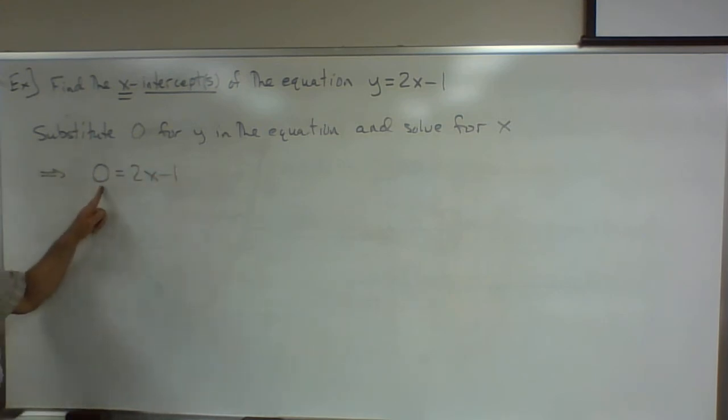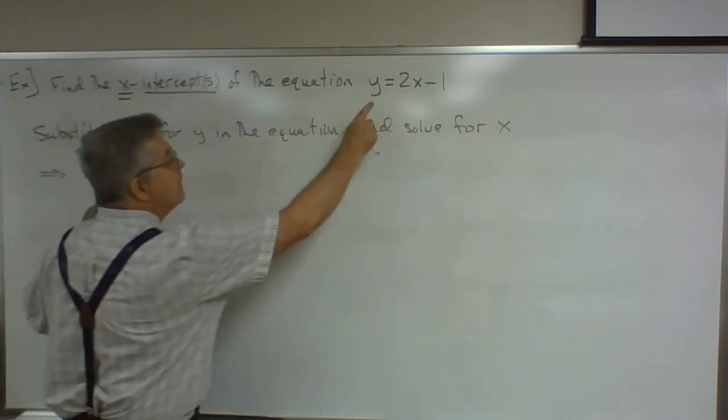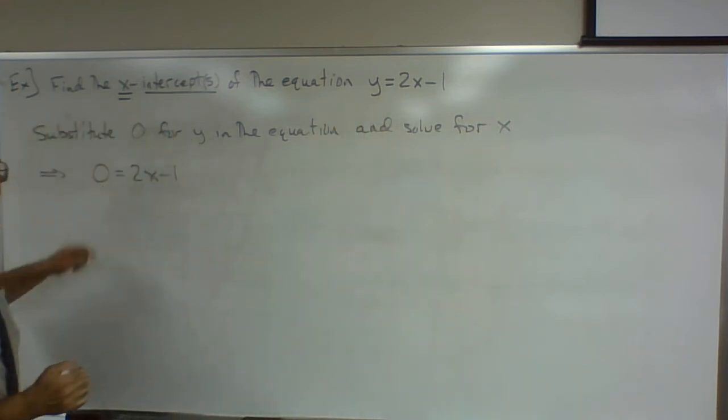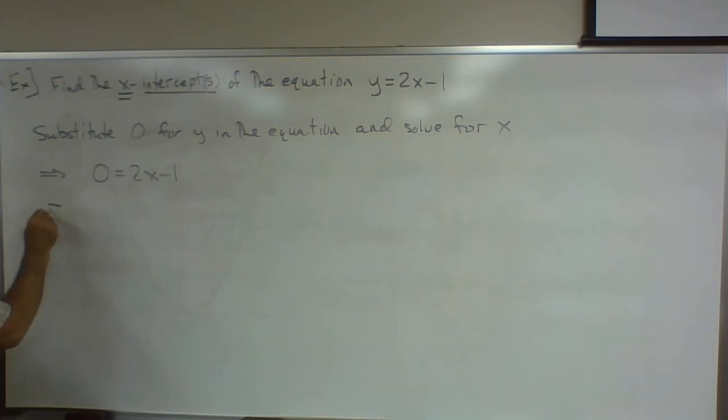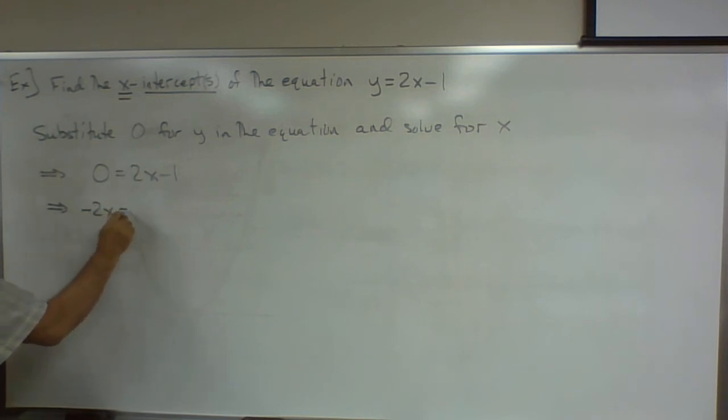Okay, we just substituted 0 for y, and now we're going to solve for x. Move the 2x over to the left, and then divide both sides by -2.